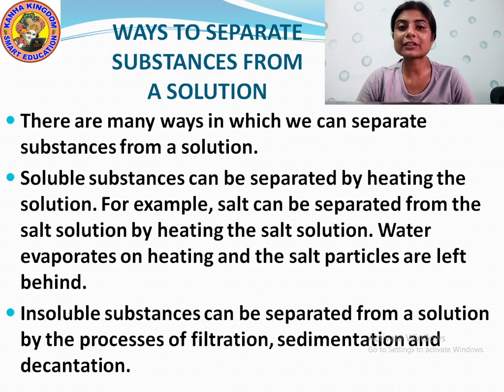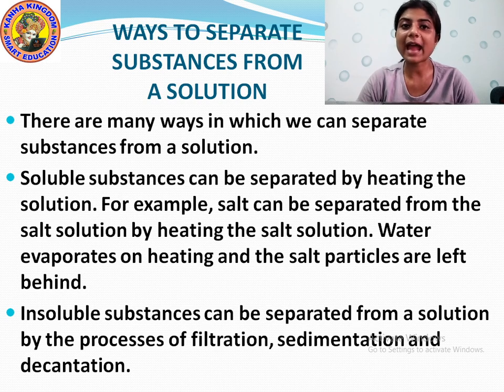And the salt that is mixed into the water remains in the container. It doesn't get evaporated. The water will evaporate on heating and the salt particles will be left behind. So this is the process to separate soluble substances by heating.